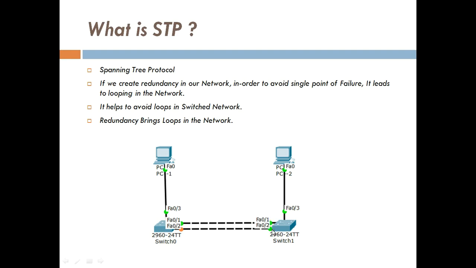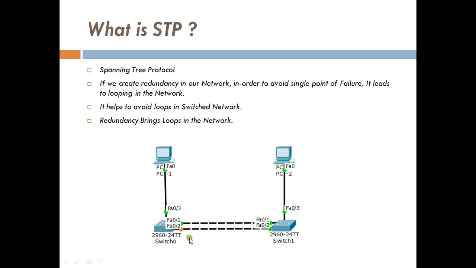And automatically, what does it do? The frame that it receives on FastEthernet 0/2 on this switch will be sent back out FastEthernet 0/1. It will be received on this switch. Whatever information is received on FastEthernet 0/1 will be sent on to this interface. So automatically this will also go to the switch.